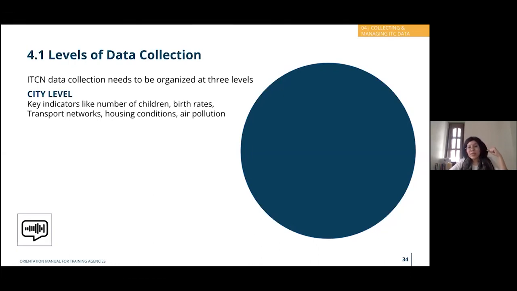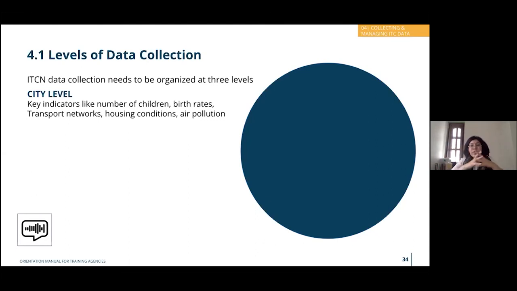So if a city has a younger population, or if there are projections that the city is going to get younger, then it gives cities some tools and data to make a case to their political representatives to invest in ITC, because we are a city which is very young, we are projected to get more young children, etc. So some of this city level data is very important to position and drive this impetus for the ITCN.